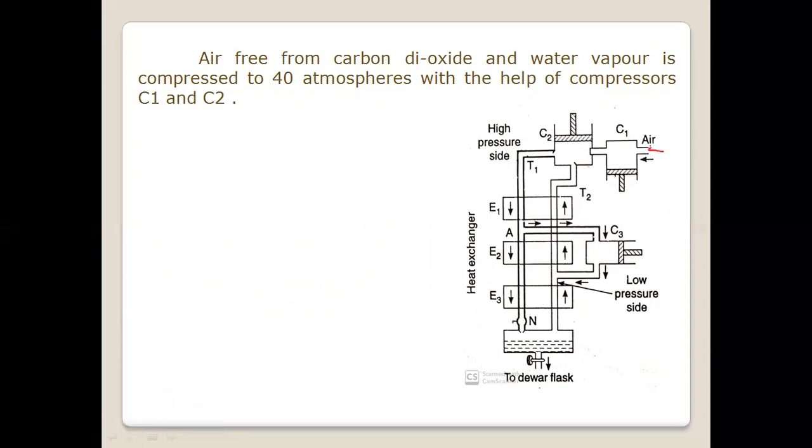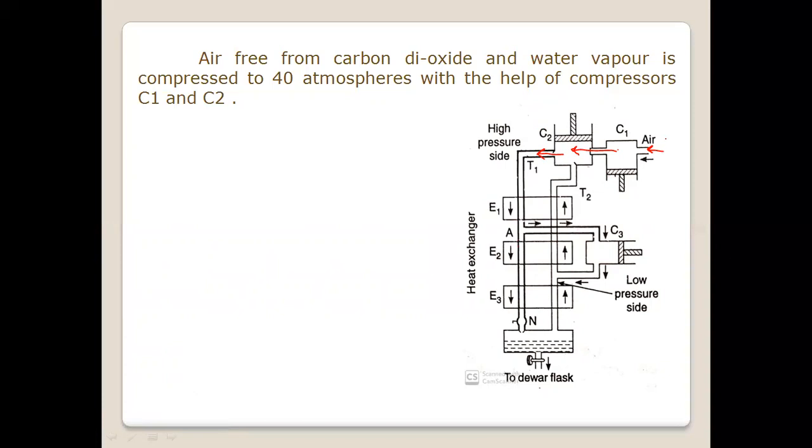This highly pressured air passes through C1 into C2 along this direction, where we again apply pressure, and this pressured gas enters tube T1, which passes through heat exchangers E1, E2 and E3. These are the main parts of Claude's air liquefier.